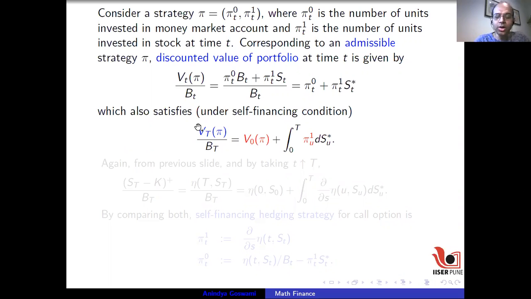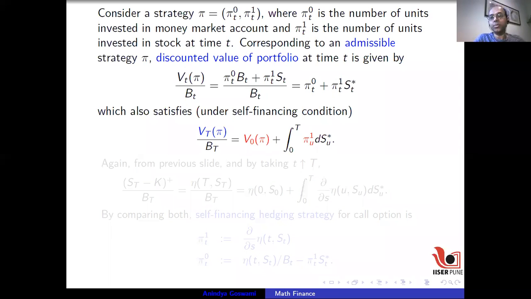But this blue color is known. Why? Because if I would like to hedge the option, I know what the terminal claim is, and the terminal claim should be my terminal portfolio value. If I am the writer of the option, I should charge a premium in the beginning and continuously execute a particular strategy so that at the end my value matches the terminal claim.